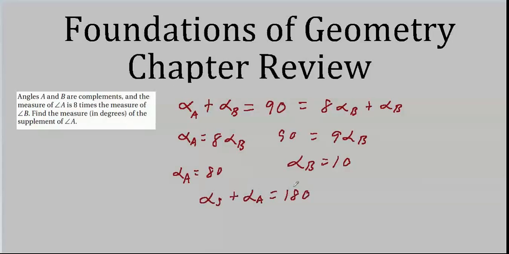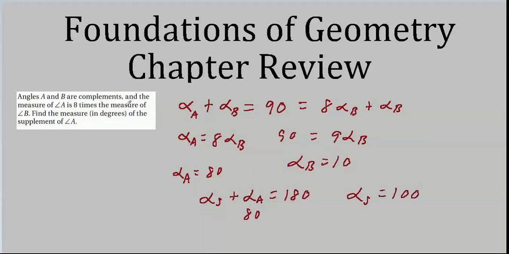That's what it means to be the supplement of. And this is actually 80. Subtract 80 from each side, and what do we get for alpha sub s? That would be the supplement of angle A, and we get 100 degrees.